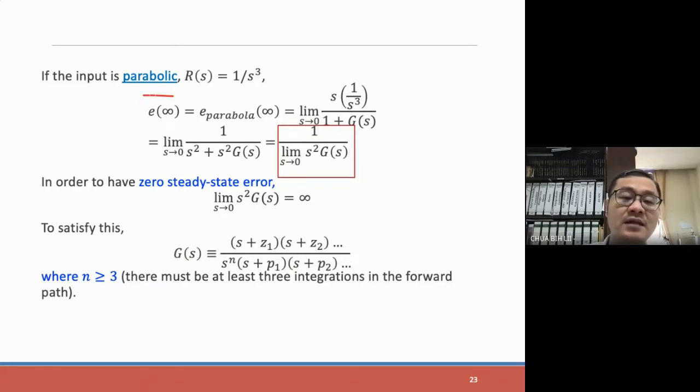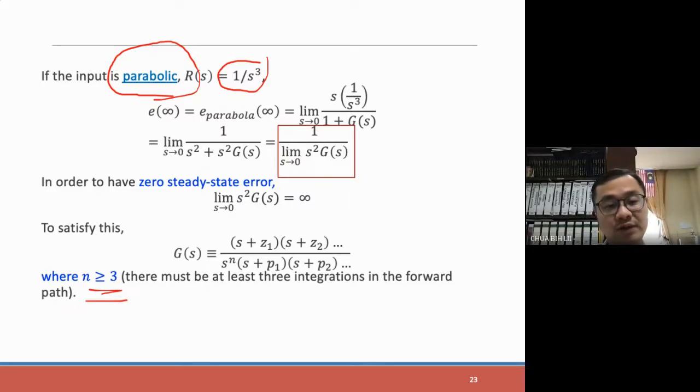Then again, as we continue to increase our test input from step to ramp to parabola, this n will continue to grow, from 1 to 2 to 3. It must be at least 3 to have a 0 steady state error.